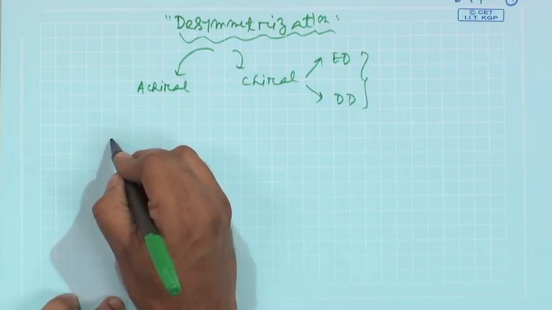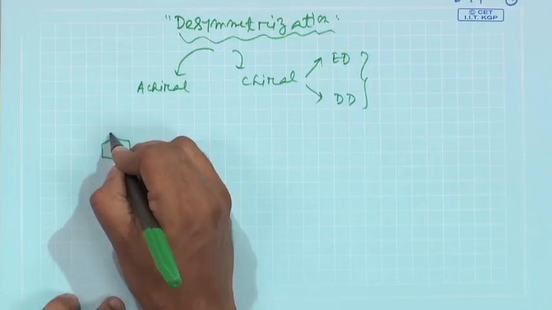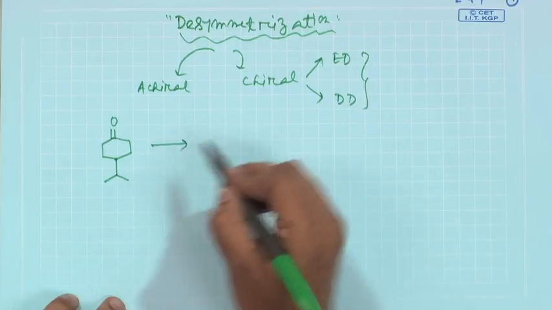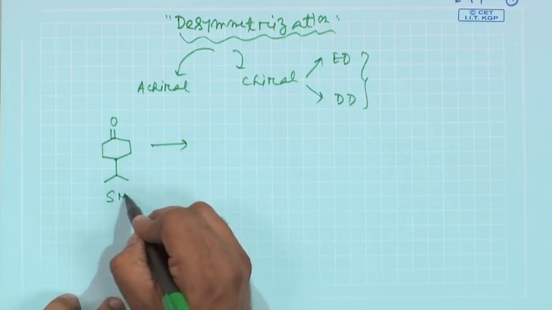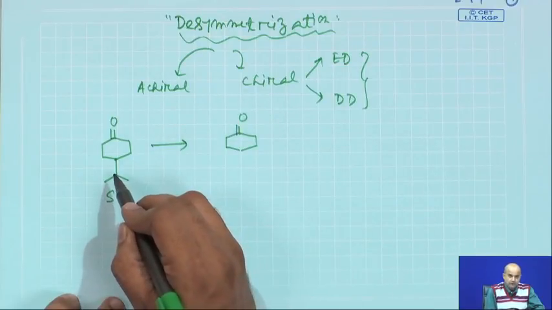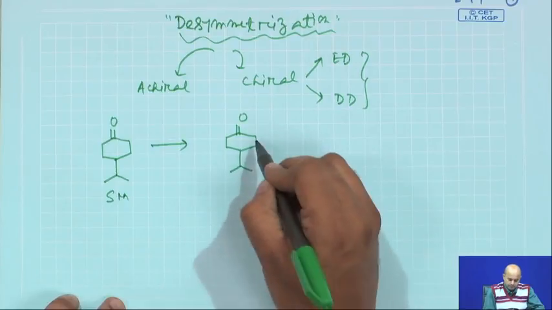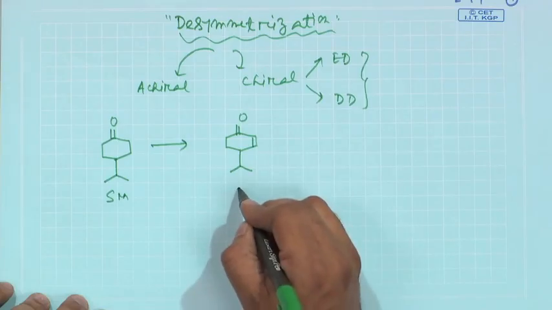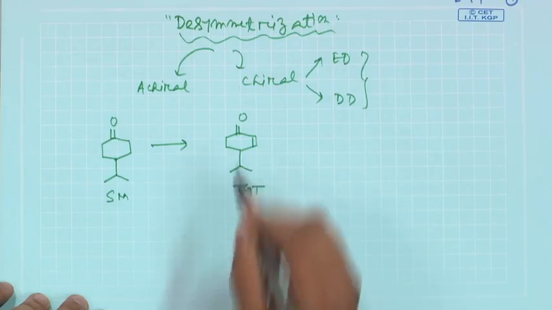if you consider what exactly a desymmetrization is, then I will talk about a very specific example. I am saying that you have this compound. Now, this is the starting material, and the target is what I am giving you. Please convert the starting material to this target. Initially do not focus on the functional group interconversion, definitely that is your main key point, but as I said, initially try to have a visual communication with the target molecule.